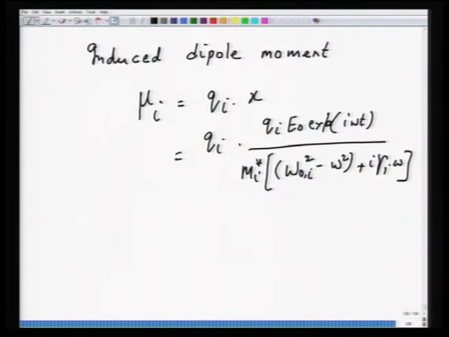So, this naturally makes this go as mu I square. If I just take this off, so this will become q I square, and what is mu in terms of polarizability? It goes as alpha I into E. And so, from this expression you can get the expression for alpha I, which is the polarizability.